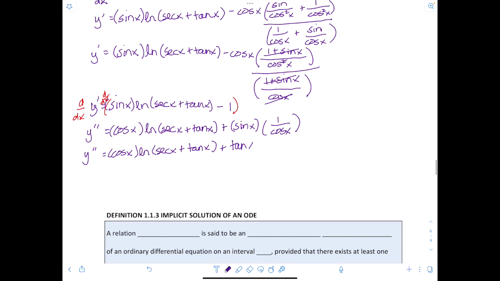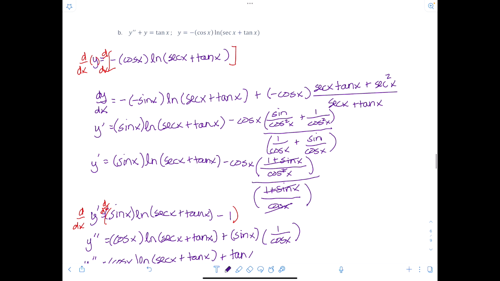Now that we've got the derivatives, we need to verify. So the left-hand side is, what is it? y double prime plus y.